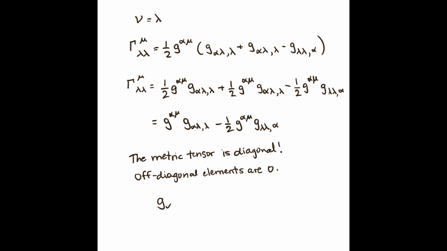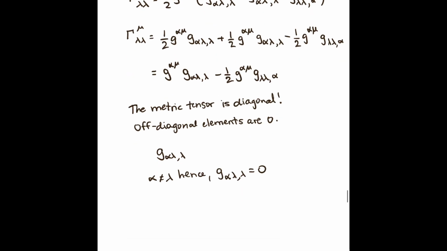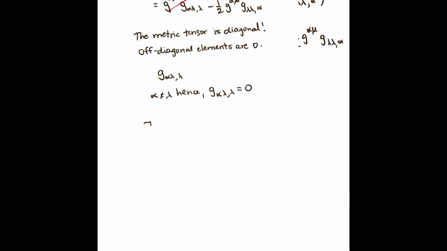So if we look at the g_αλ,λ term, α is not equal to λ, so this term is equal to 0 because it chooses an off-diagonal element. That term is 0.